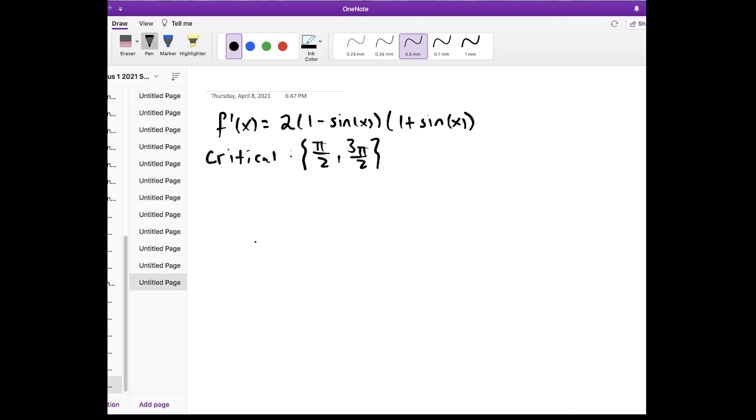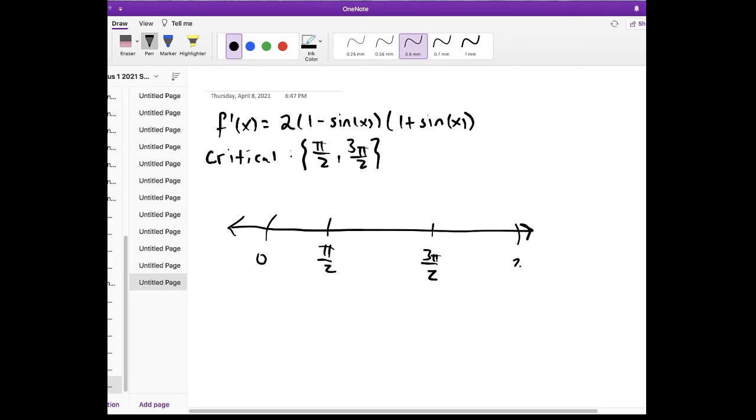And we're checking close left and right values. So pi over 2, 3 pi over 2, and then we stop at 2 pi. Okay, so this is where the derivative is 0. And we want to check what the sign of the derivative is in between.